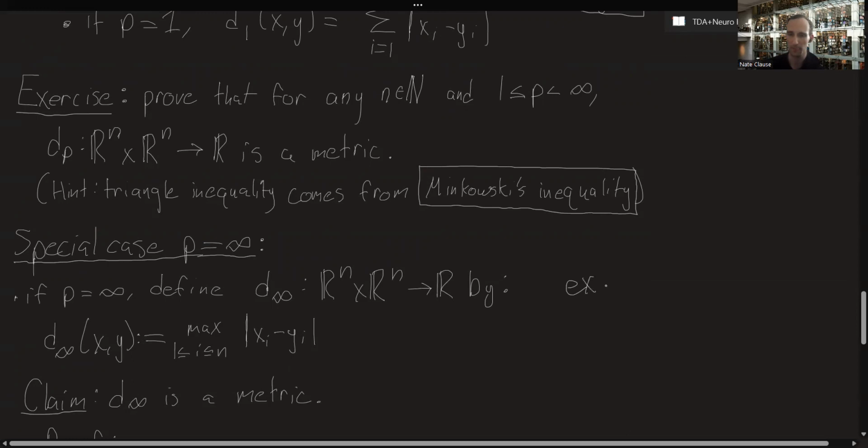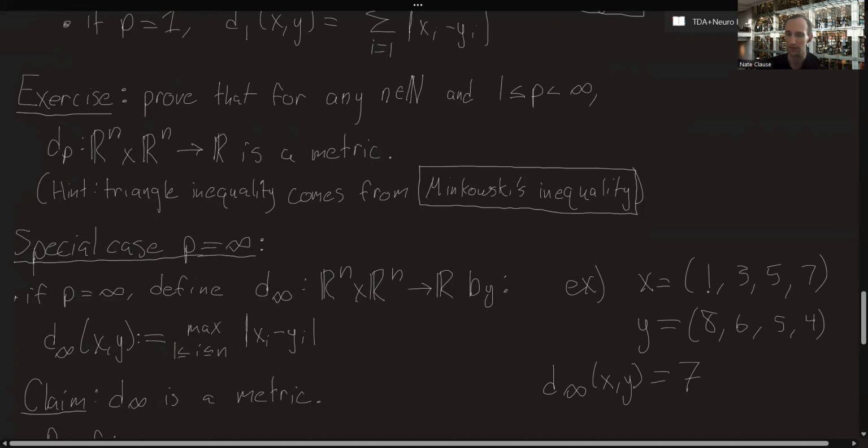For example, if x is, say, (1, 3, 5, 7) and y is maybe (8, 6, 5, 4), then we would say d infinity of x, y is equal to 7, because we look at the difference in each coordinate.